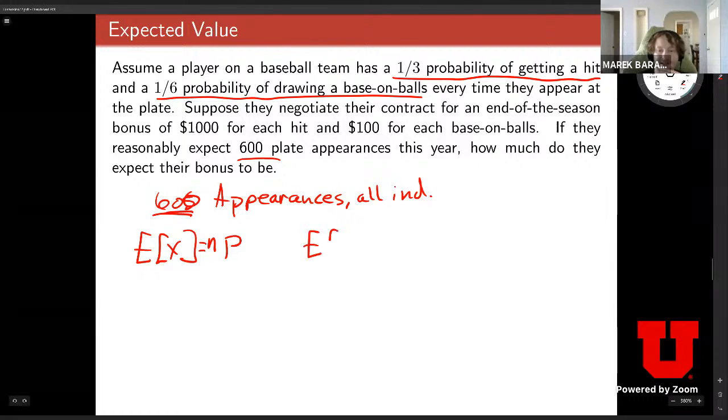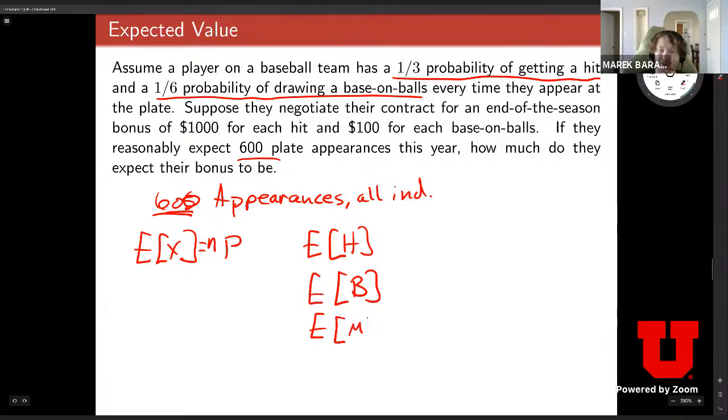We have three things that happen. We have the expected value from getting a hit, the expected value from getting a base on balls, and a miss. So the probability of missing equals 1/2.